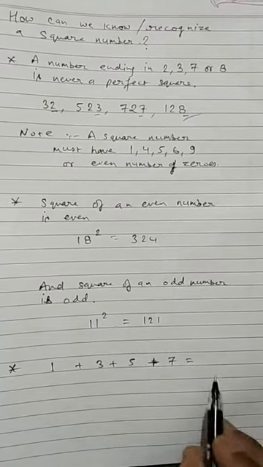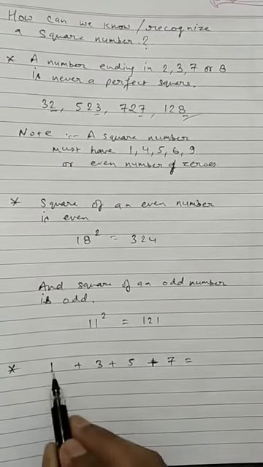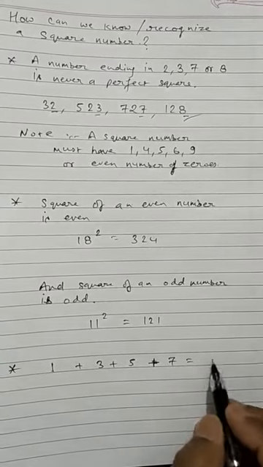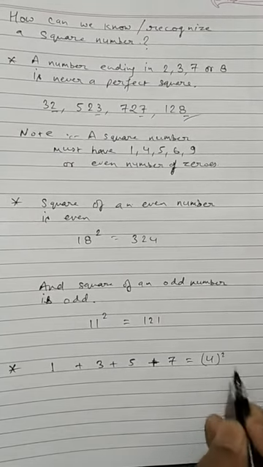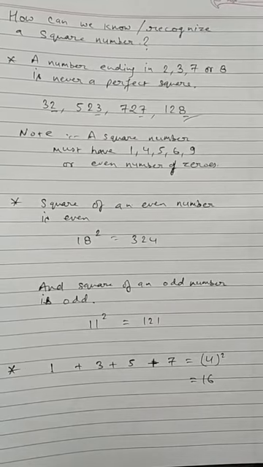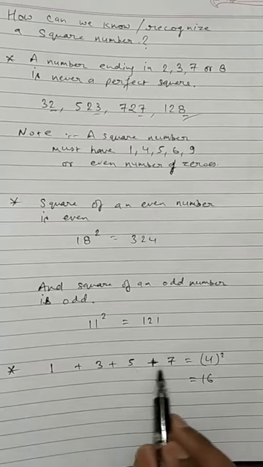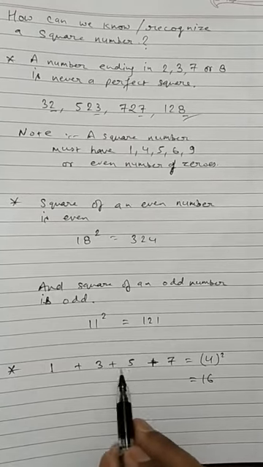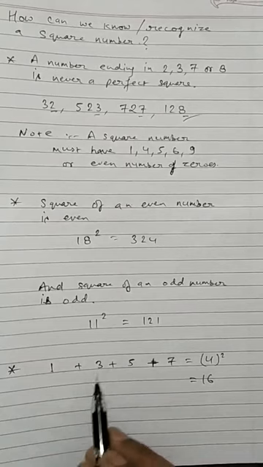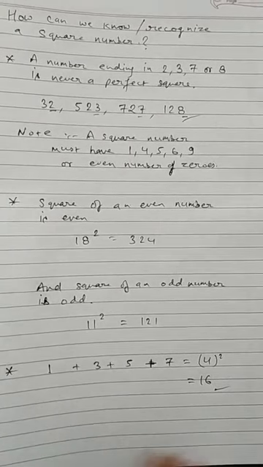For adding these numbers, we will just count these numbers and square it. 1, 2, 3, 4. So the square of 4 will be 16. We can verify it also. 7 plus 5 is 12. 12 plus 3 is 15, and 15 plus 1 is 16. This is the correct answer.